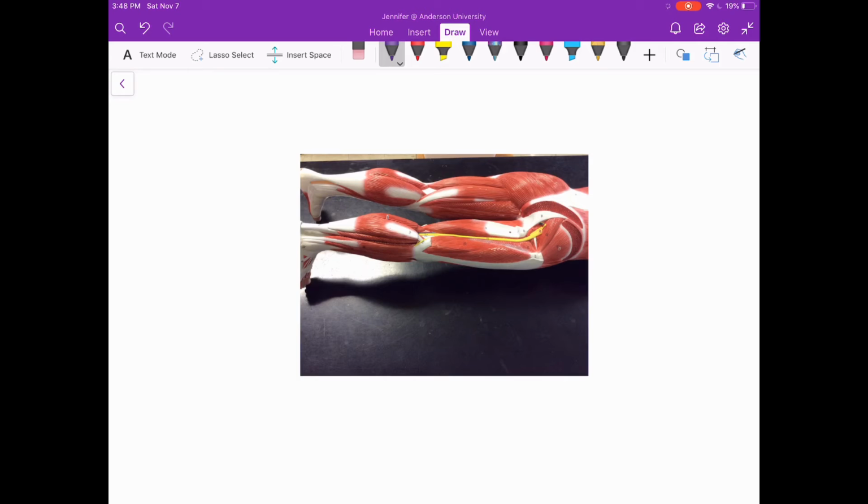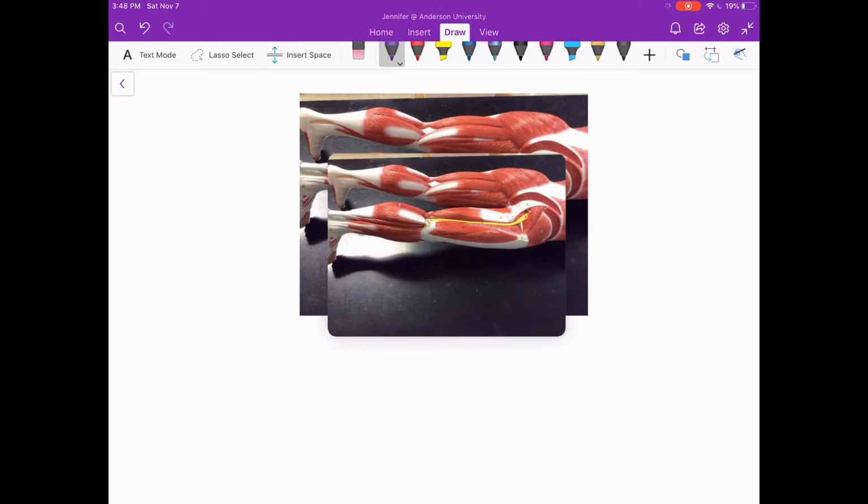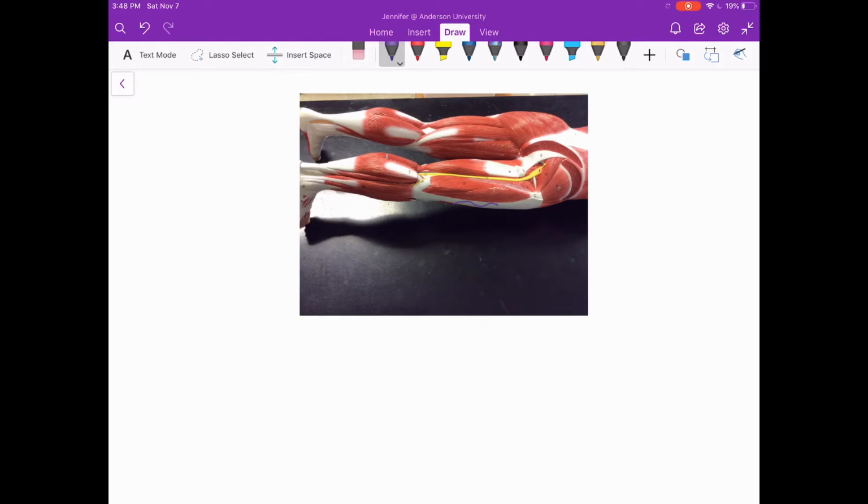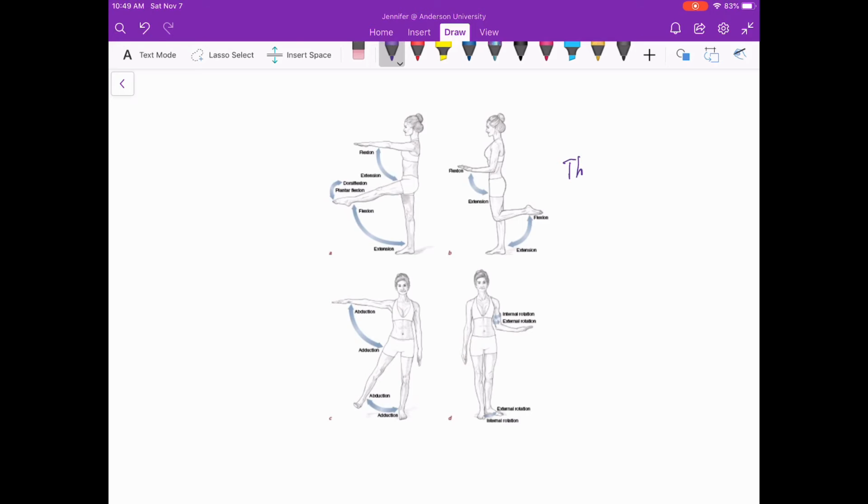Here we have a model, and again, this is a very medial muscle. It's kind of hard to see, but it's located by the gracilis underneath the gluteus maximus. And here we have a diagram that both shows the flexion of the thigh as well as medial rotation, same thing as internal rotation, but towards the midline, and adduction as well.